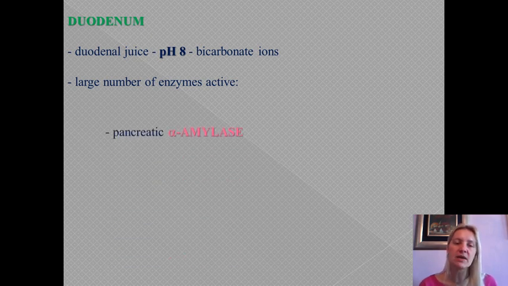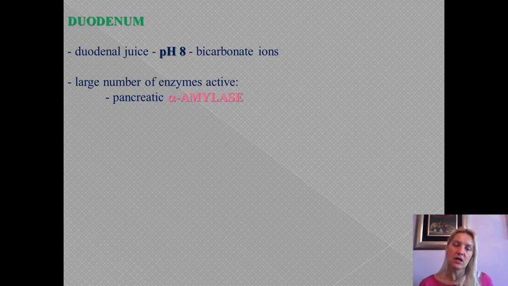So first I'm going to mention, of course, pancreatic alpha amylase, which is going to complete the digestion which was not completed at the level of the mouth. And we know which are the final products, which are maltose and limit dextrins.